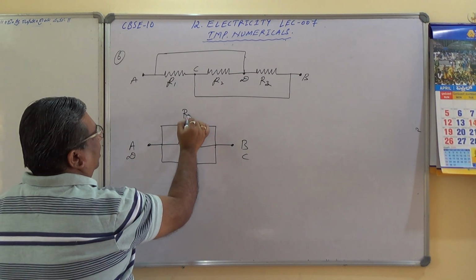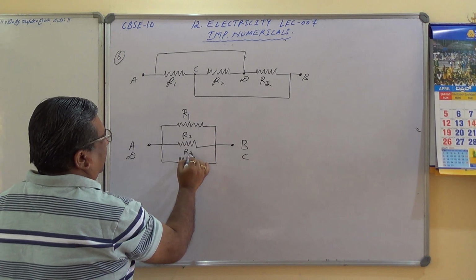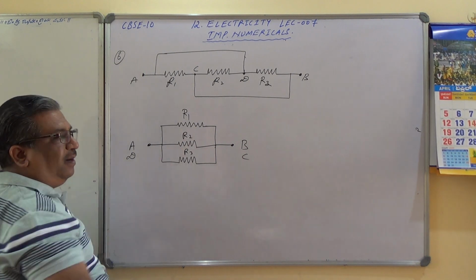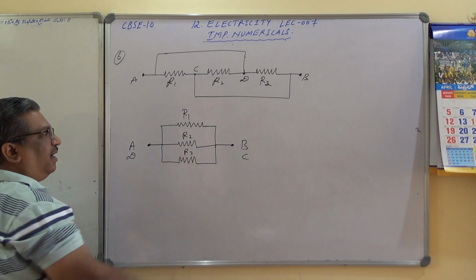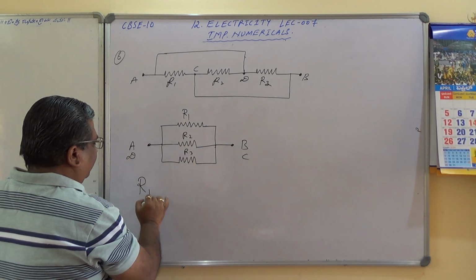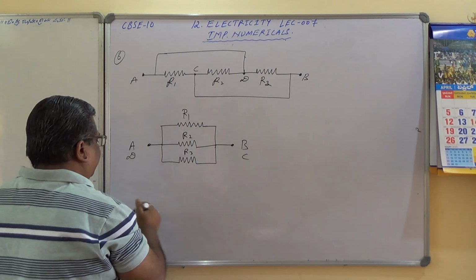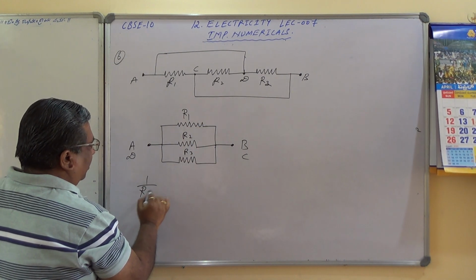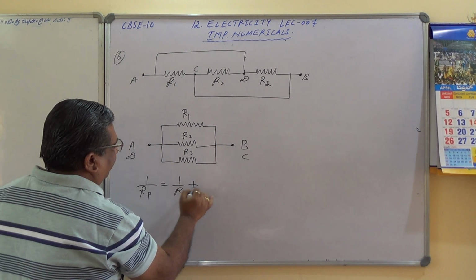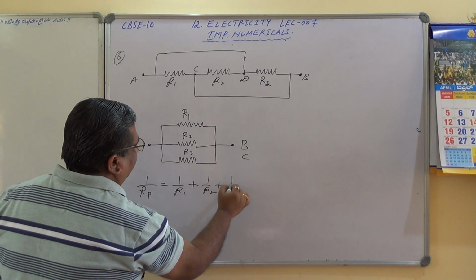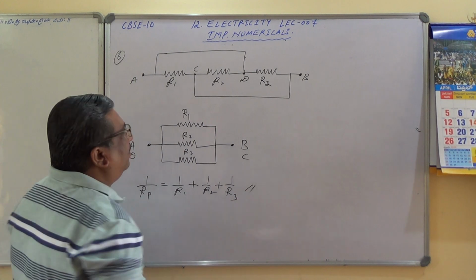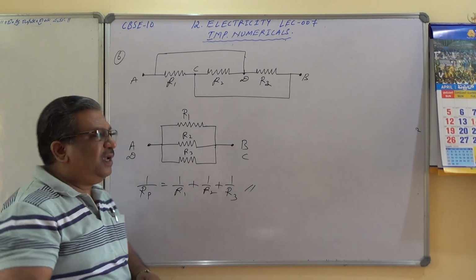This is R1, R2, R3. What does it indicate? Between A and B, if the PD is applied, all these three are in parallel combination. So for effective resistance, I apply the formula: 1 by Rp equals 1 by R1 plus 1 by R2 plus 1 by R3. I hope it is clear and you are understanding. Okay, please note it down.